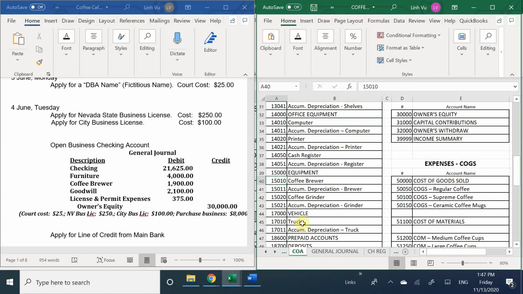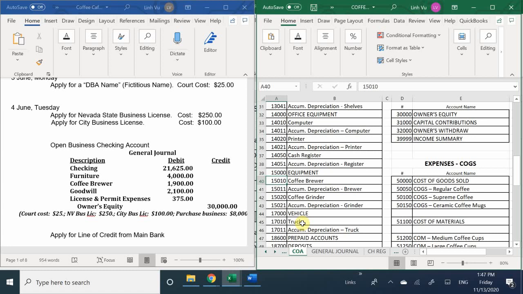What is goodwill? Good. Now, how do you buy a business name?